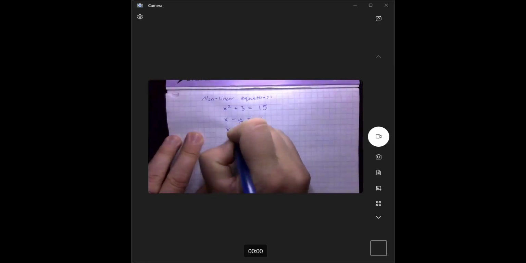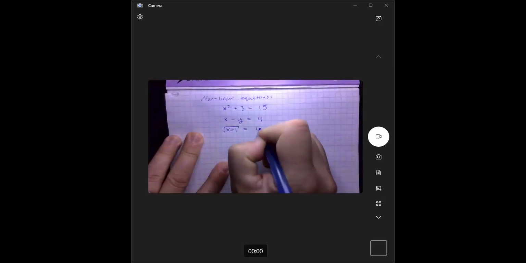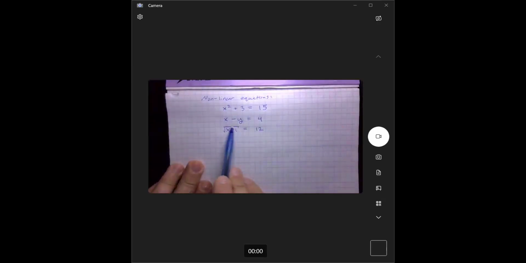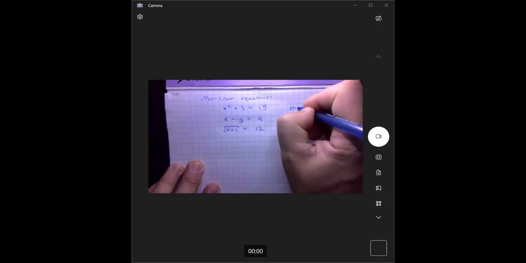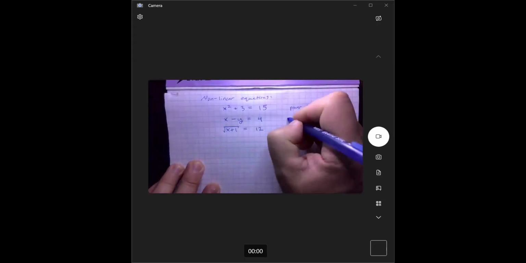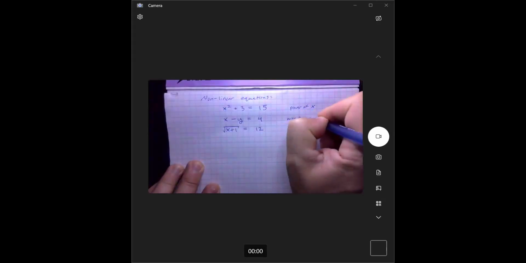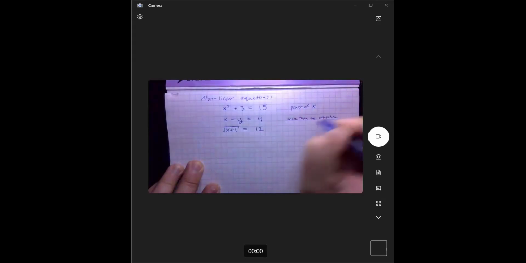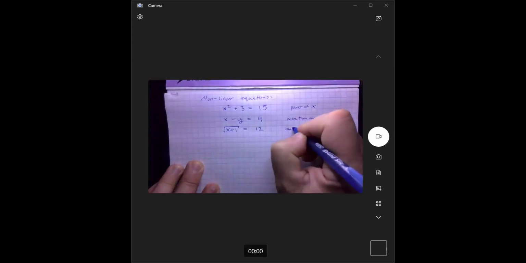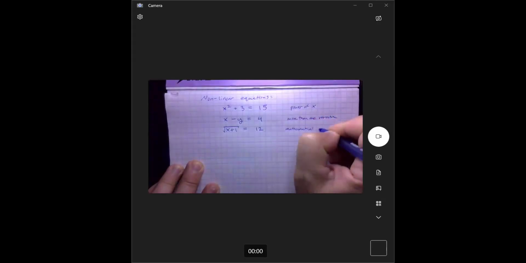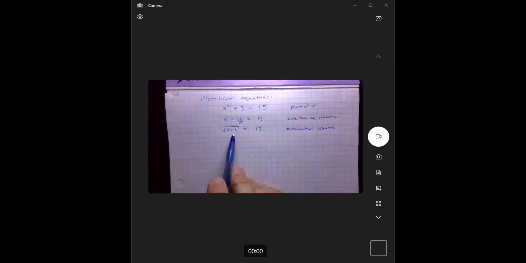Or I could have something like x plus 1, but if I put it under a square root, it's not linear because the square root is a mathematical operation. So this has a power of x. This is more than one variable. And this has a mathematical operation that is not just addition, subtraction, multiplication, or division. So these are all nonlinear equations.